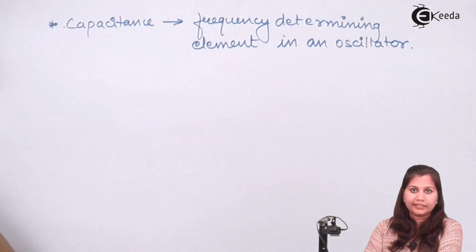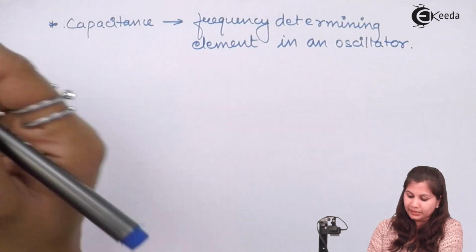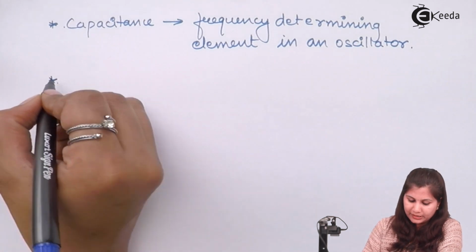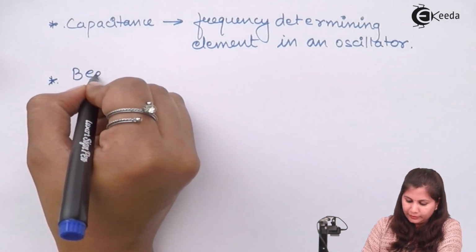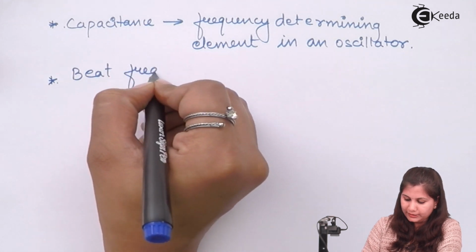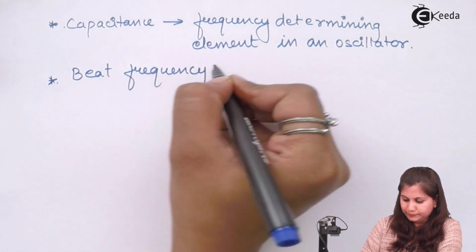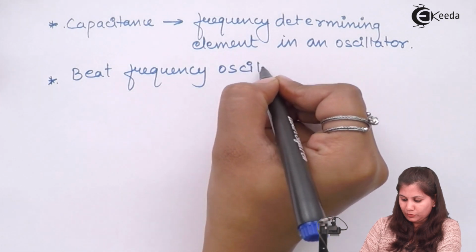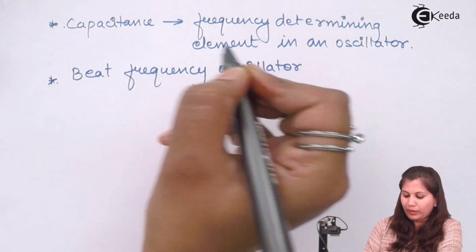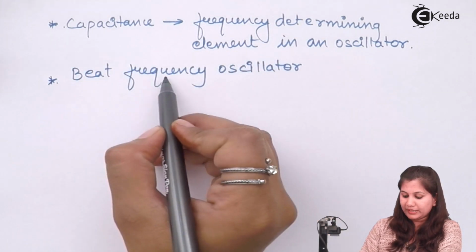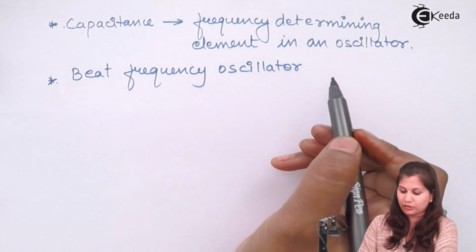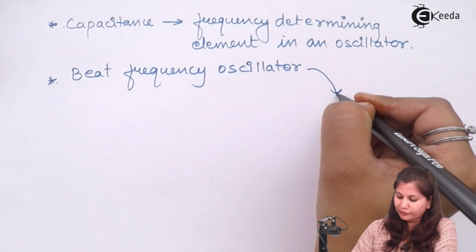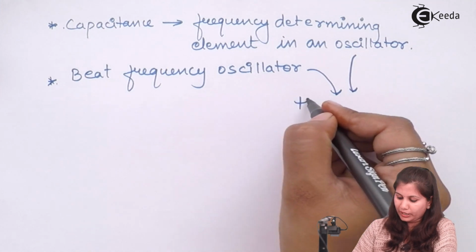The oscillator generates a frequency, and another frequency is provided by the beat frequency oscillator. One frequency is provided by the capacitor, the other by the beat frequency oscillator. Both these frequencies are heterodyned.